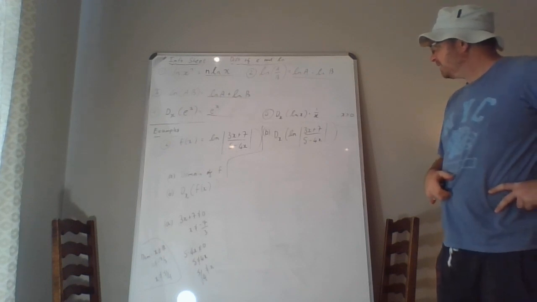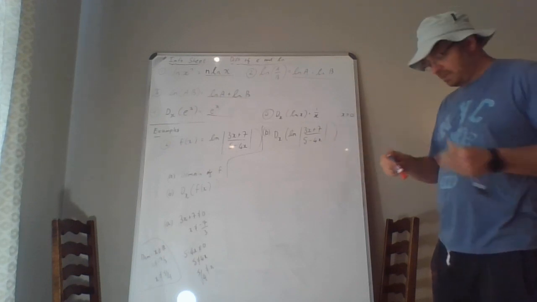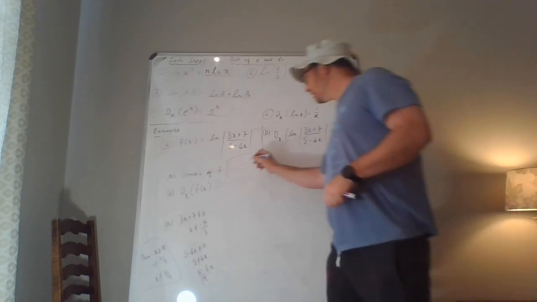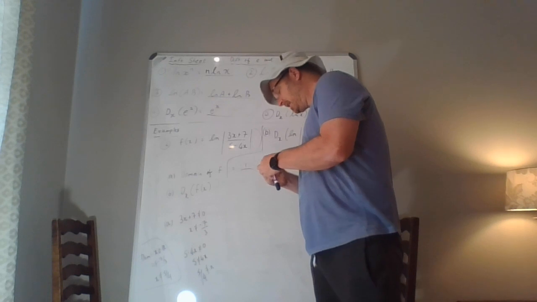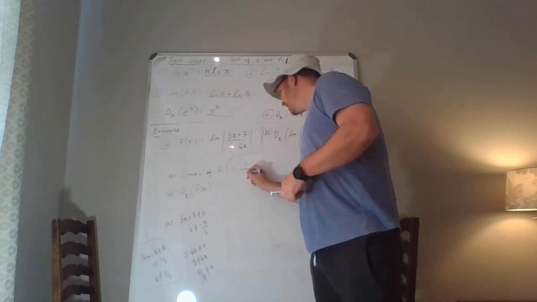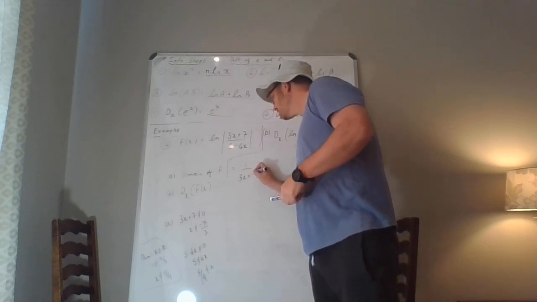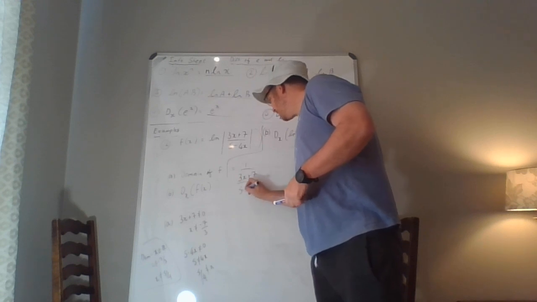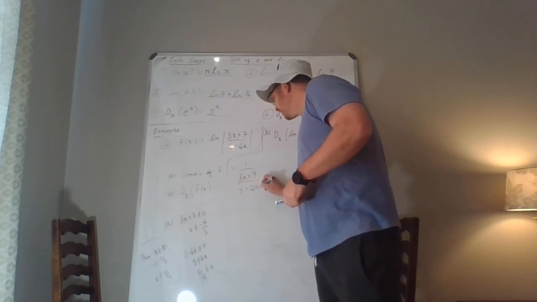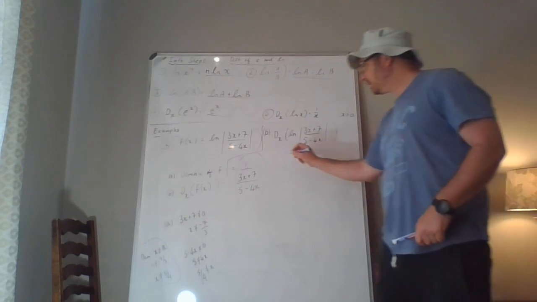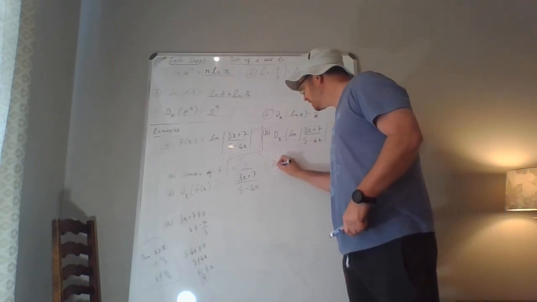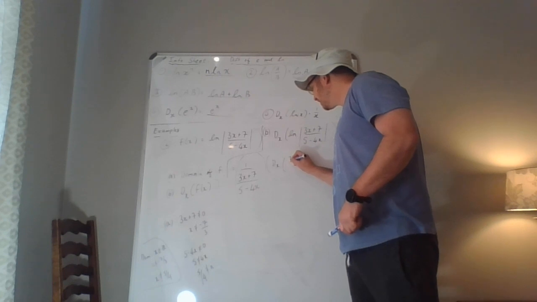And the derivative of ln of a function is 1 over that function. So it's going to be equal to 1 over 3x plus 7 over 5 minus 4x. That's the derivative of the outside function. And you've got to multiply that by the derivative of the inside function.